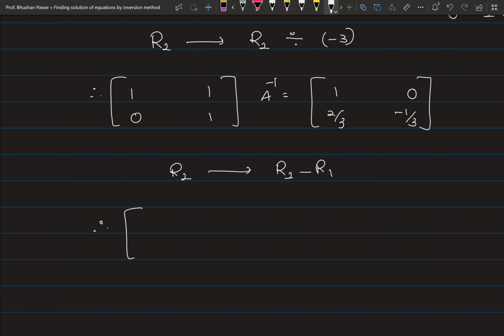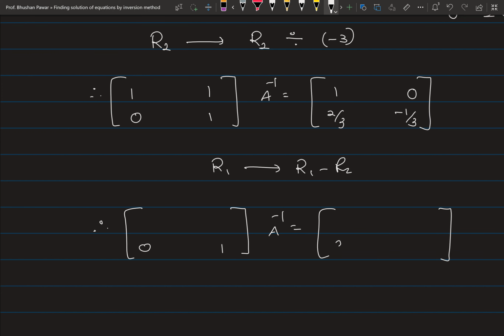So again the same concept. Oh, I'm sorry. What I will do is R1, I want change in R1 now. So R1 gives R1 minus R2. Okay, so we are going to copy R2. It's 2 by 3, it's minus 1 by 3, copied. Now for this R1 minus R2, 1 minus 0 is 1.